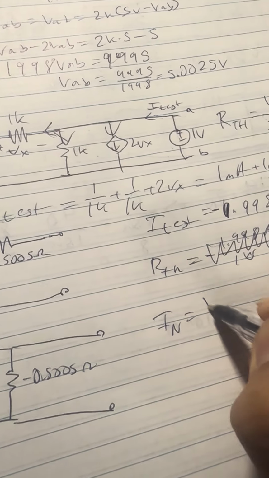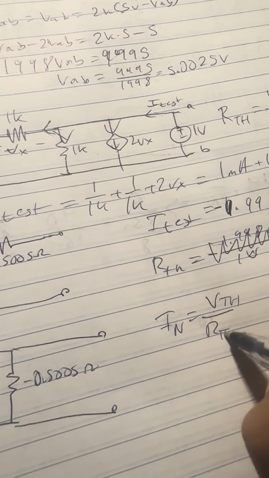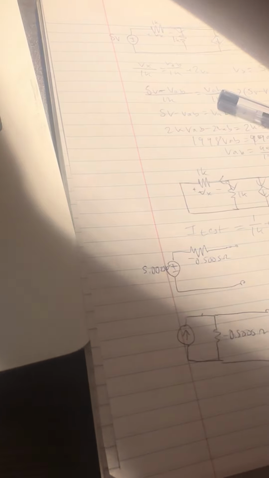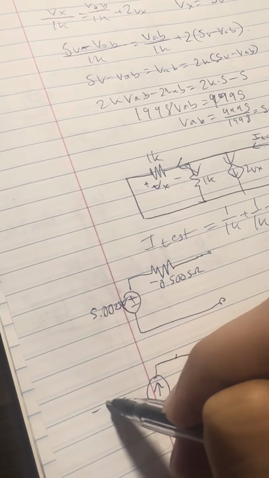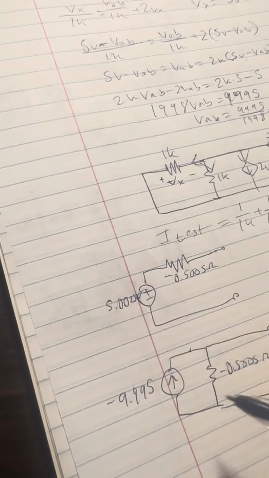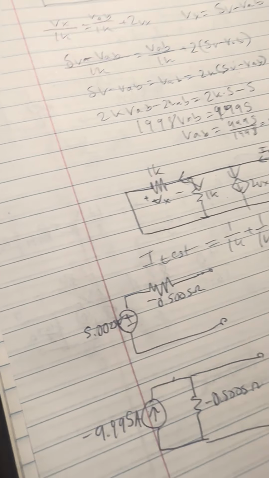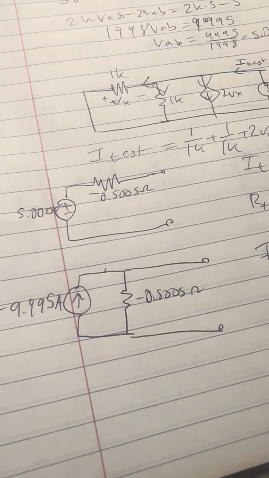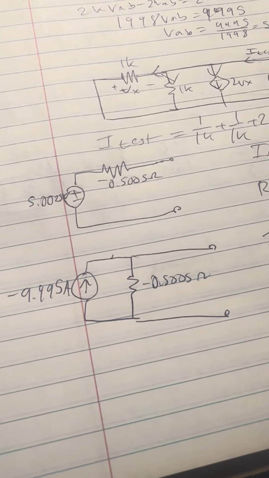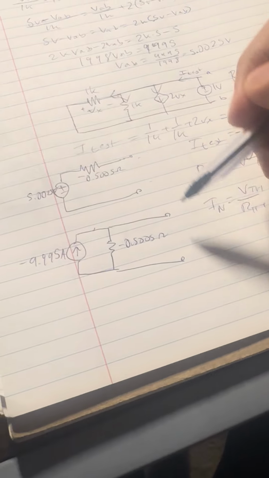IN equals 98... So that's going to be basically negative 9.995. Yep. And I think they'd end up getting the same voltage across.